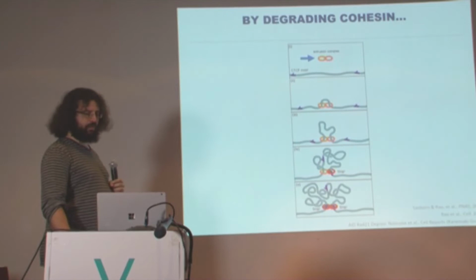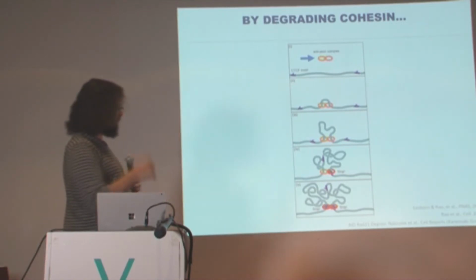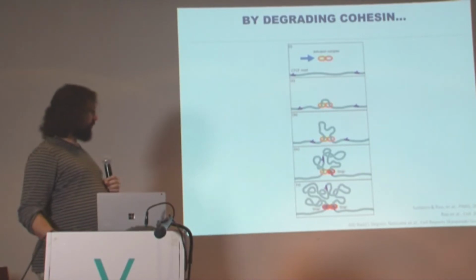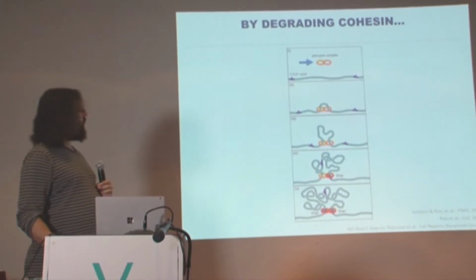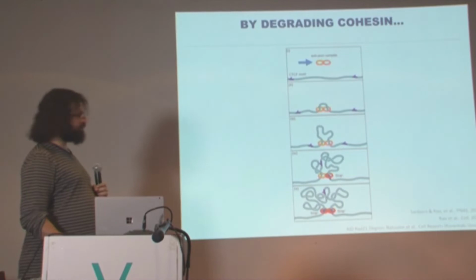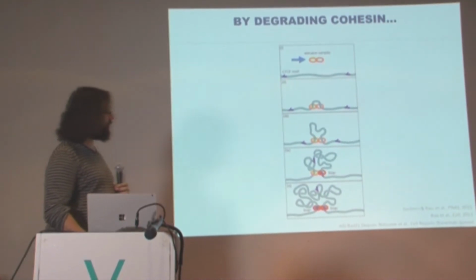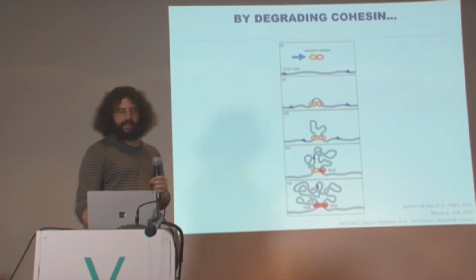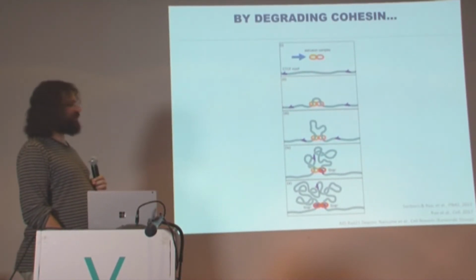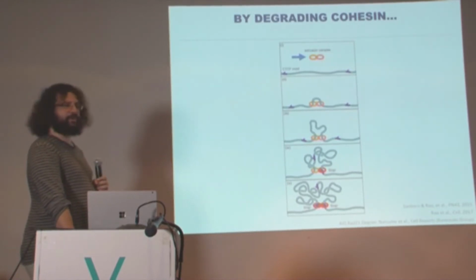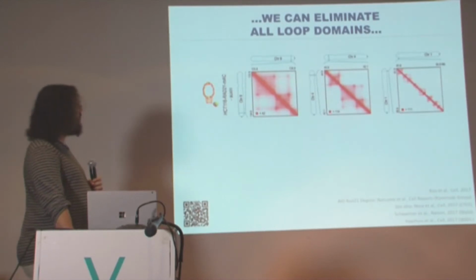We spent years trying to find a system where we could very reliably degrade nearly all of the cohesin complex or any of its partners, and finally we found this terrific degron system published by the Kanemaki group in Japan. When we tested it, we found that it overwhelmingly got rid of cohesin, and so we were very happy because we could finally do our experiment.